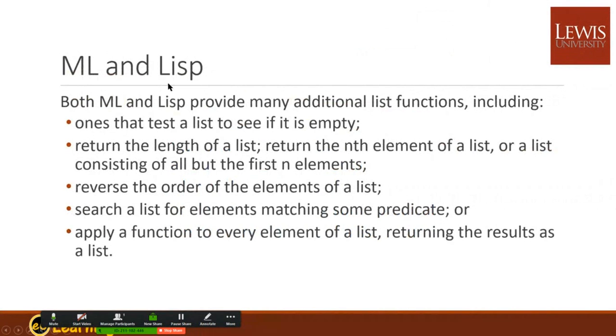So both ML and Lisp provide many additional list functions, including one that tests the list to see if it is empty, return the length of the list, reverse the order of the list, search a list's element matching some predicate, or apply a function to every element, returning the result as a list.